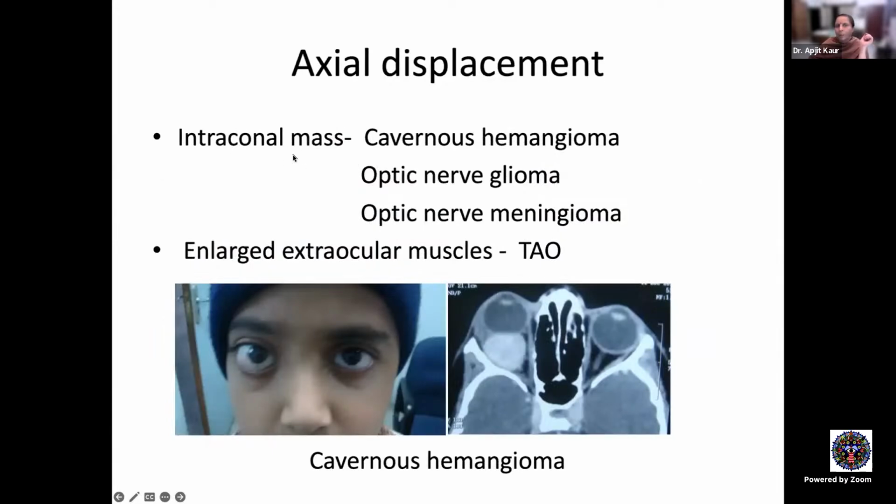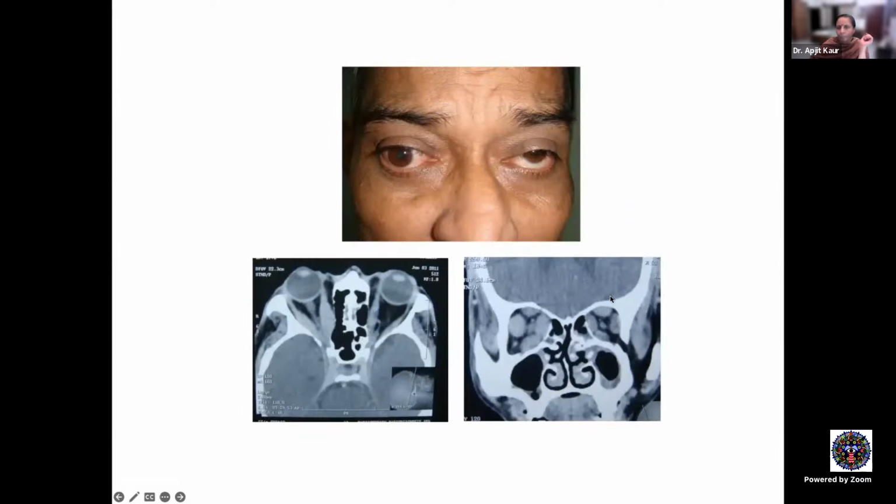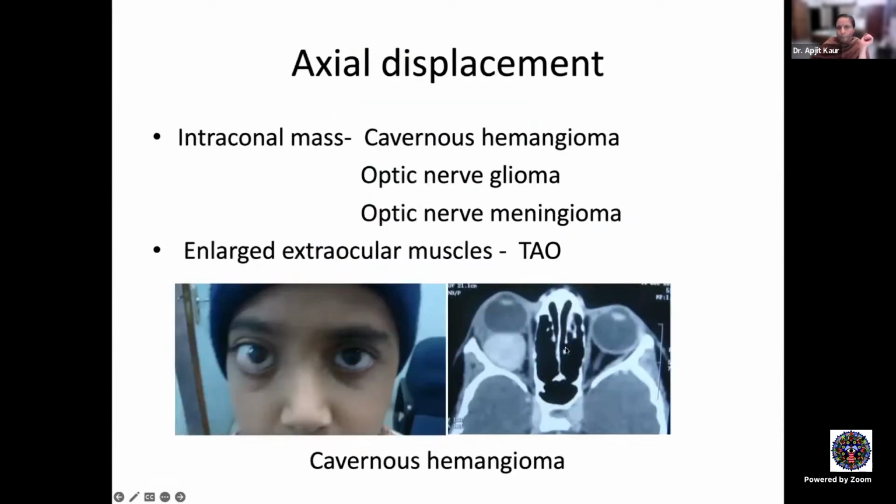So an intraconal mass in this cone will just push the eyeball in front. What are the common lesions here? What are the structures here? There is the nerve, so we have tumors related to the nerve, the glioma and the meningioma. And we can have the vascular tumors, most commonly the cavernous hemangioma. You can also have lymphangiomas.